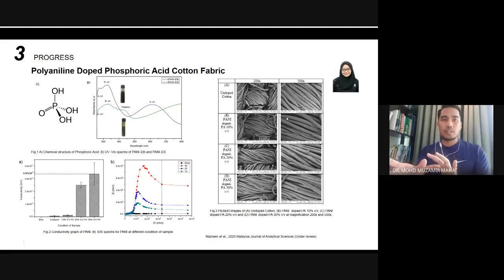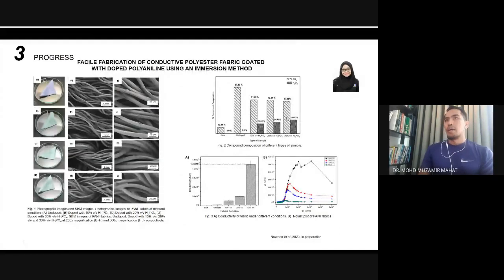We can go here and there, depends on the acid that we are using. Okay. Another paper, this is in preparation, very nicely captured by Nazrin. We are using polyester fabrics, yeah, more or less about the same stories, but different outcome in terms of conductivity values.